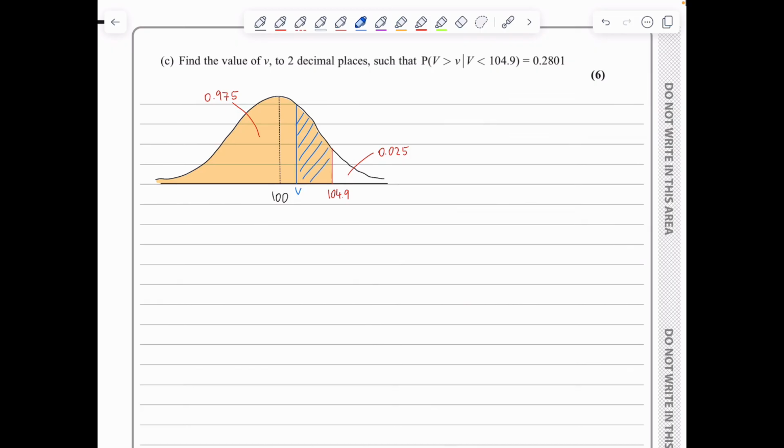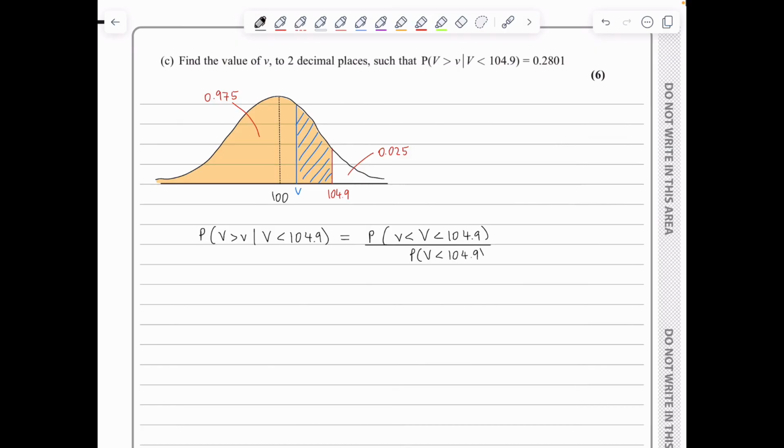So the probability of capital V being greater than v, given that capital V is less than 104.9, is simply the probability that we are between the v and the 104.9, so the intersection essentially, over what we know for sure, which is the probability of capital V being less than 104.9.